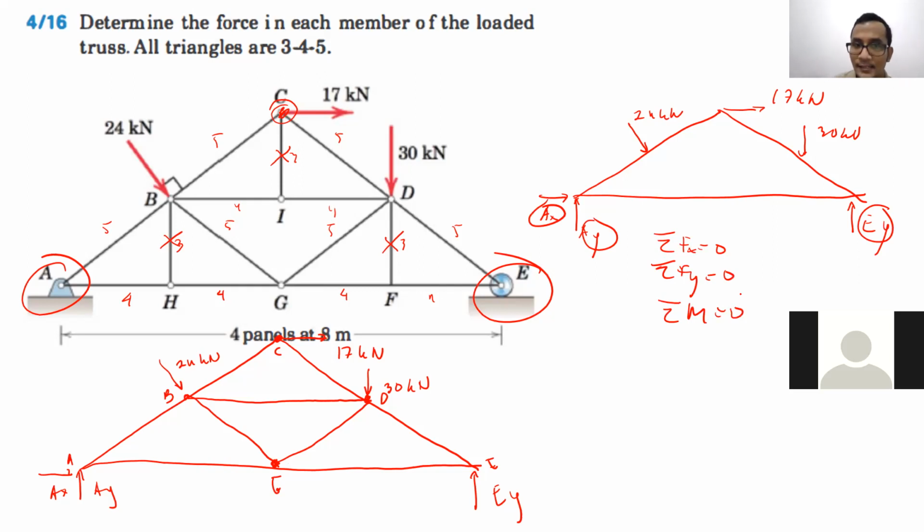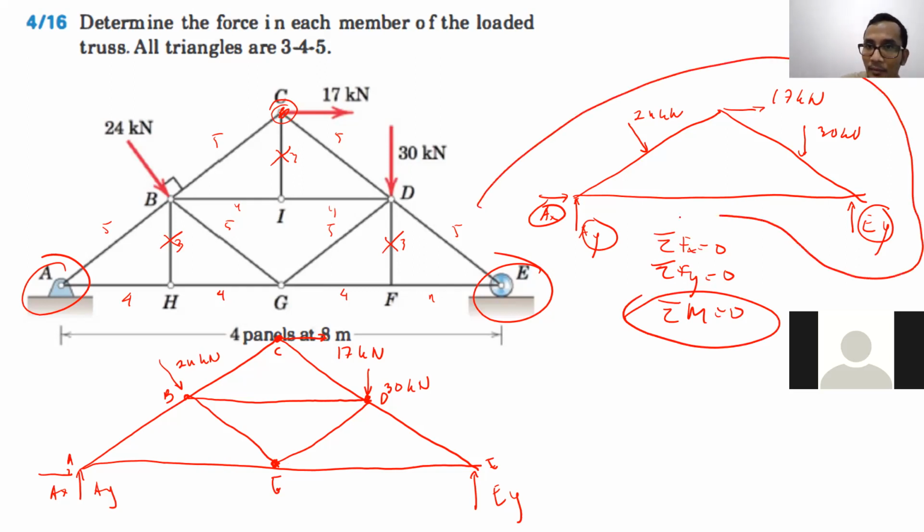For this case, yes, we can use sigma moment because we analyze the whole free body diagram, so it becomes an equilibrium problem. By using sigma fx, sigma fy, and sigma moment equal to 0, we will be able to solve for AX, AY, and EY.